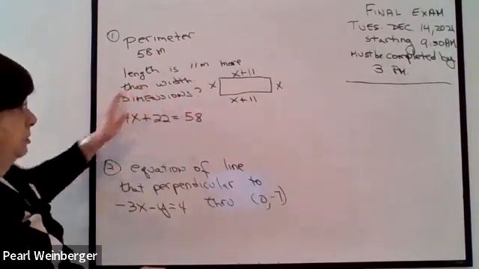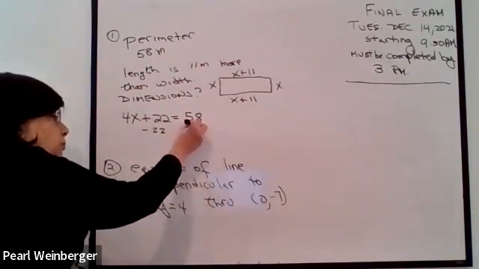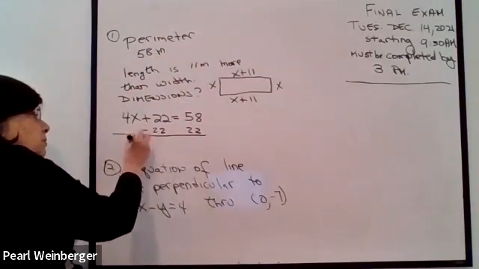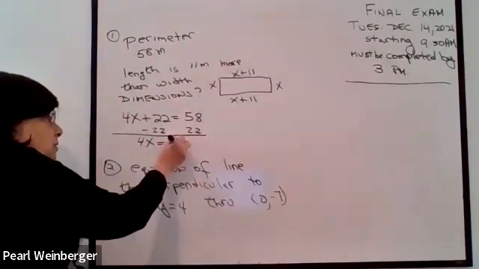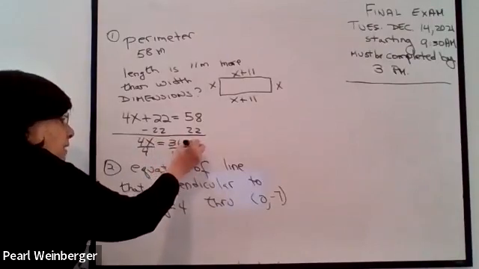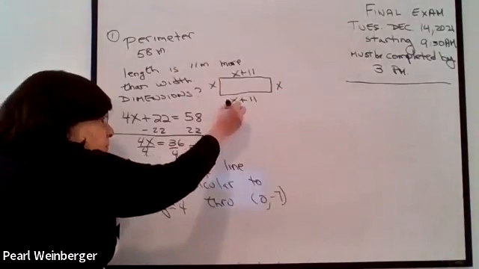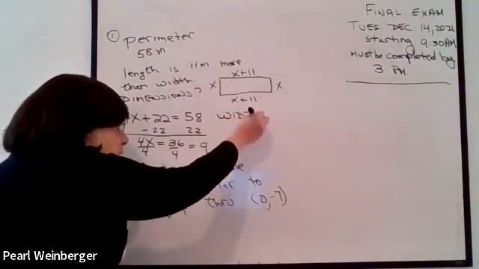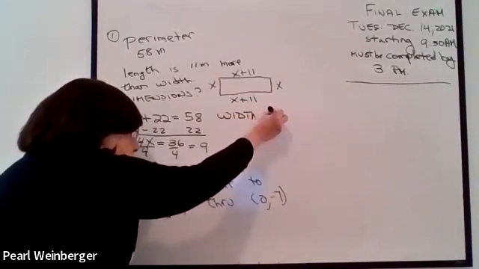Okay, and now let's just solve this. I'll subtract 22 from both sides. This will give me 4x equals 36. And when I divide by 4, gives me x equal to 9. So it turns out the width, which is the x, is equal to 9.